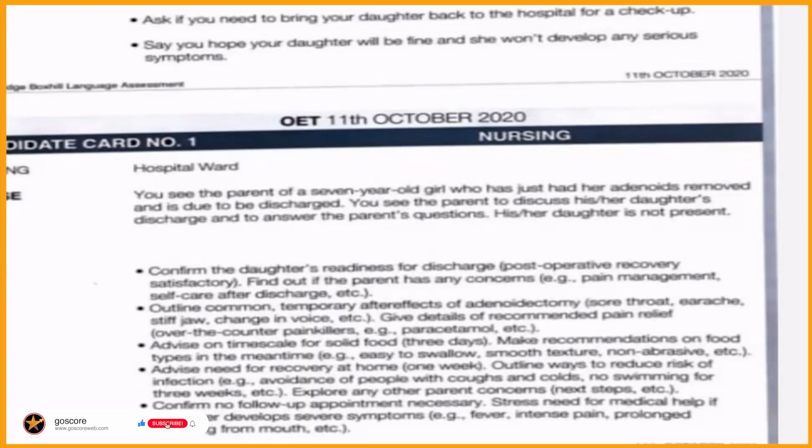Regarding her follow-up, as her post-operative recovery is quite satisfactory, she does not require a follow-up visit. However, if your daughter experiences symptoms like fever, intense pain, or prolonged bleeding from the mouth, definitely you need to seek medical attention immediately.